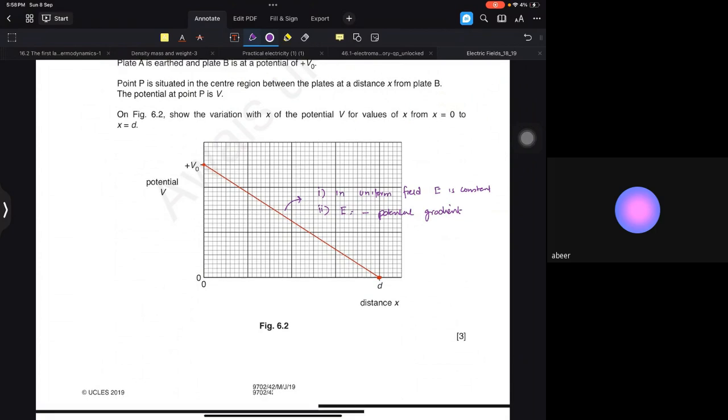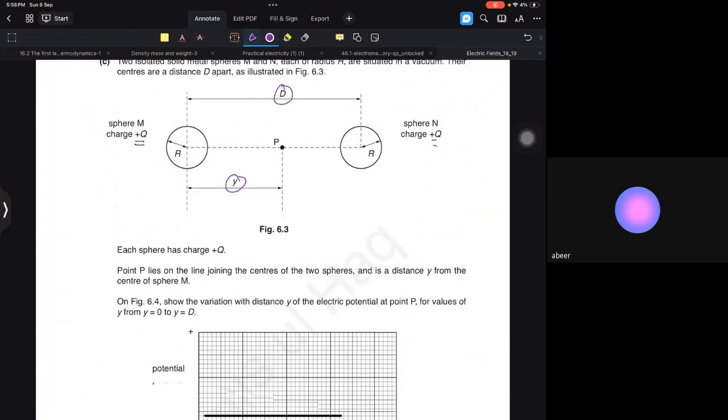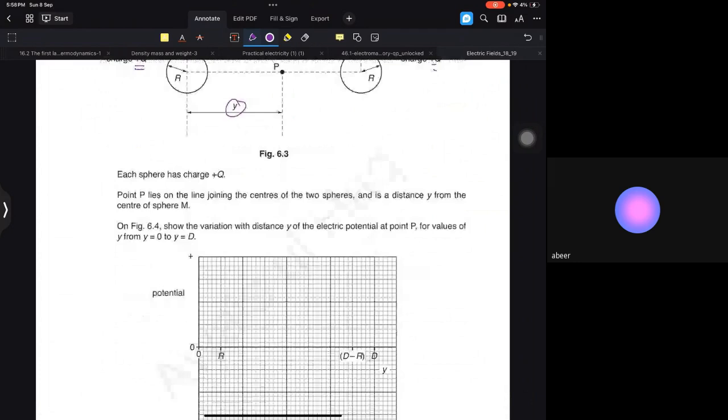Now, the next part, they have given you two spheres, both positive, M and N, at distance d, which is a. And they want you to draw the potential of this.